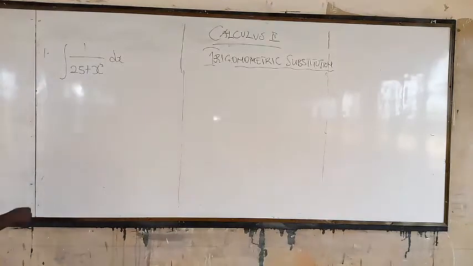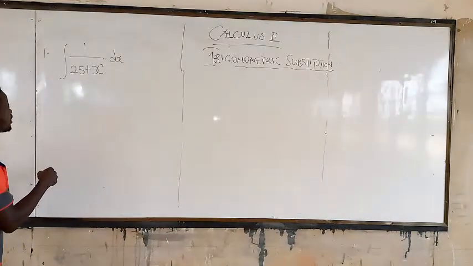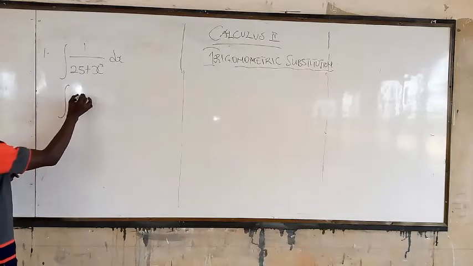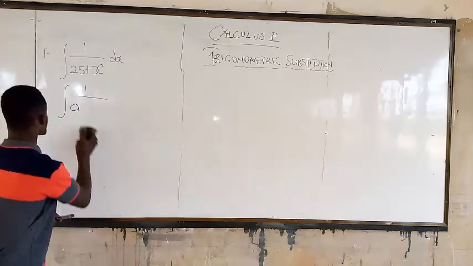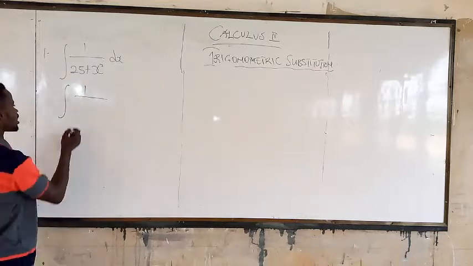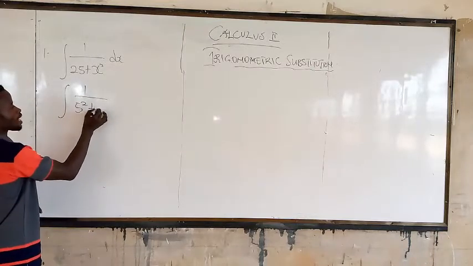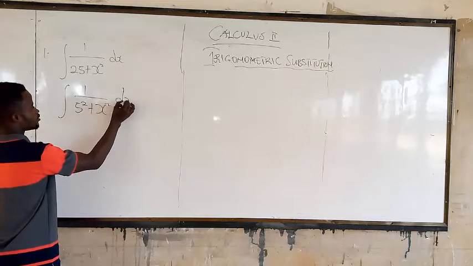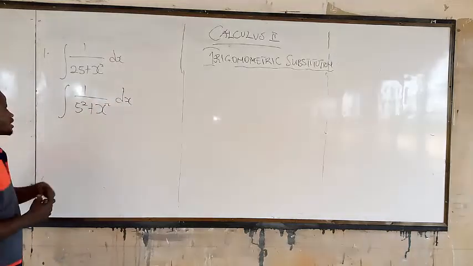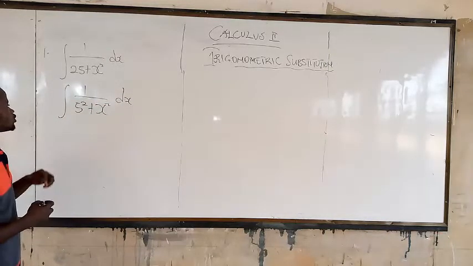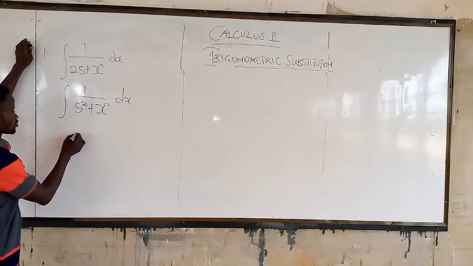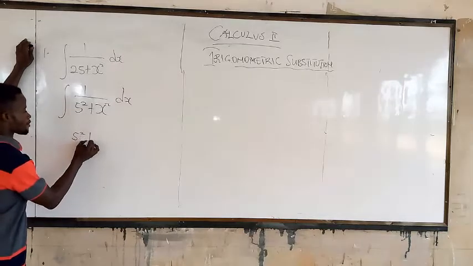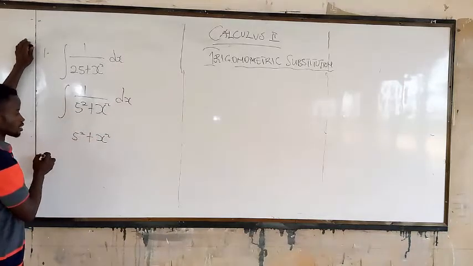Okay, so doing that, you can see that here we can rewrite this as 1 over 5 squared plus s squared ds. And here, very good, we can bring out 5 squared plus s squared.